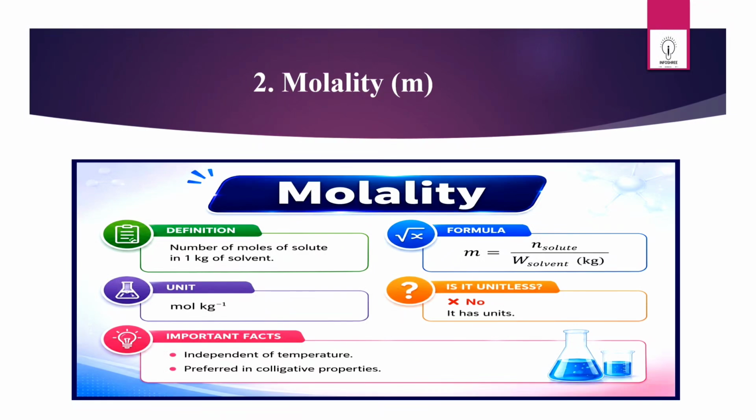We can see the formula also here: moles of solute divided by kg of solvent. Is it unitless? No, it has a unit, that is mole per kg, so it is not unitless.